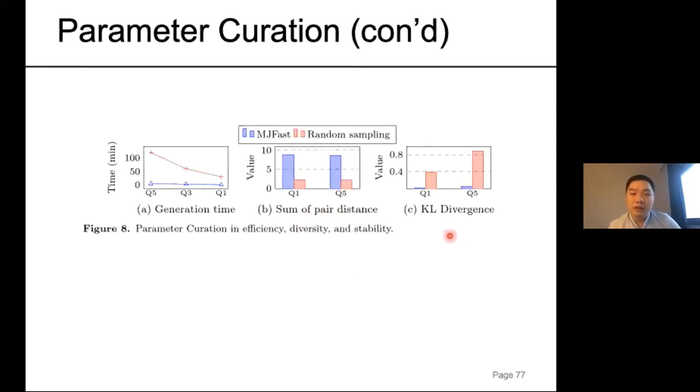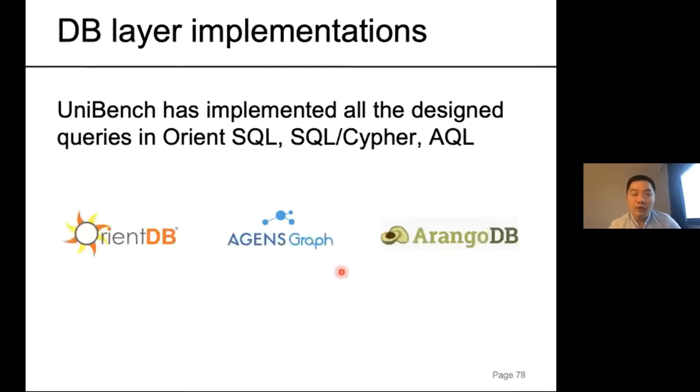And the third picture shows that our method yields 2 times smaller KL divergence than the random sampling, indicating that our approach is much more robust than the random one when generating the parameter multiple times.